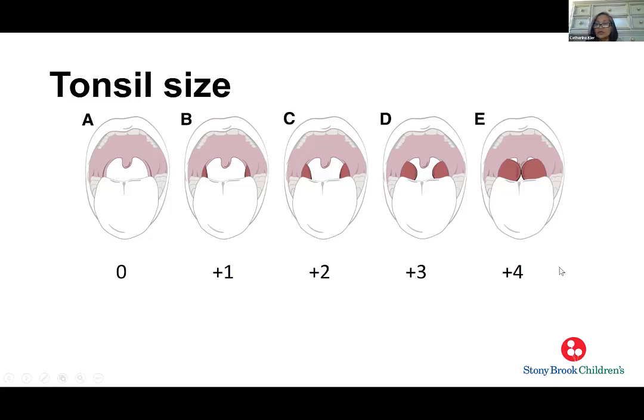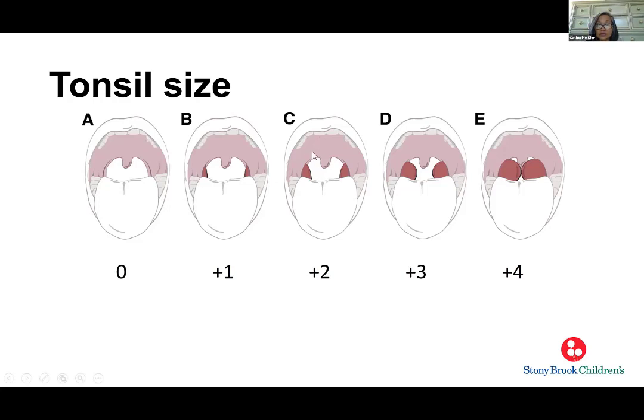The way you grade tonsils is by dropping a line on the half of your pharyngeal view. If the tonsillar tissue does not cross that midline, then it is +1, occupying about 25% of your pharyngeal space.